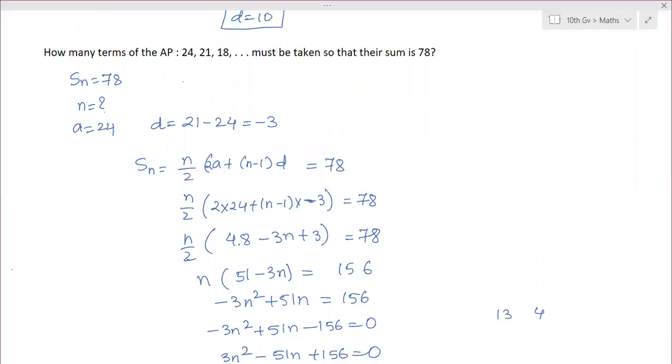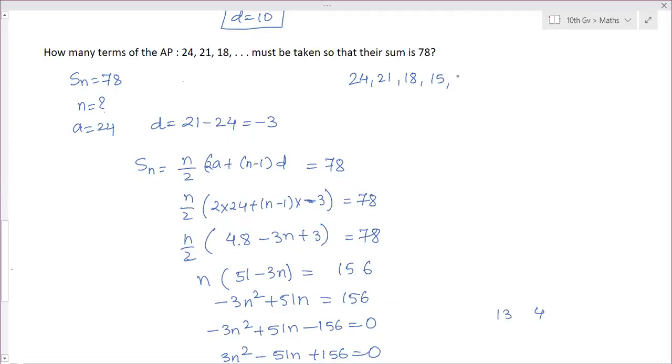We will write all 13 terms. 24, 21, 18. The next term will be? 15.